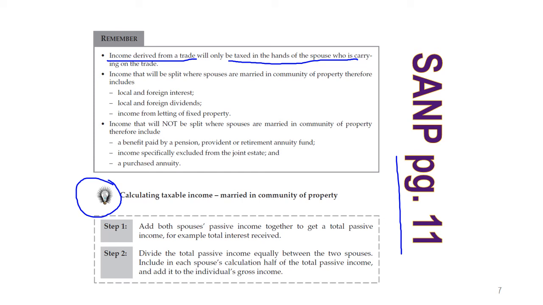If we have passive type income, local and foreign interest, local and foreign dividends, income from the letting of fixed property, this income will need to be split 50-50. So we'll give each spouse, irrespective of who receives it, because they are married in community of property, we're going to split the income in their tax calculation.